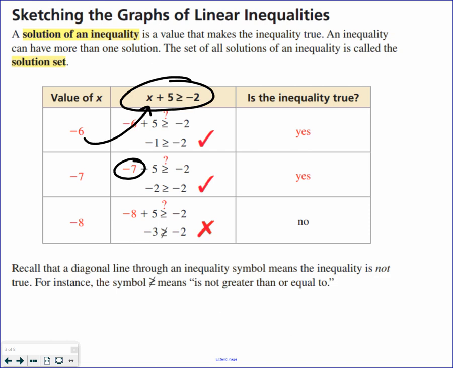The answer is yes. Now we're going to put -8 in. -8 plus 5 is -3. -3 is not greater than -2. So that is why they did this little strikeout. Anytime you strike something out, you're saying it is not that, like is not equal to or is not less than.